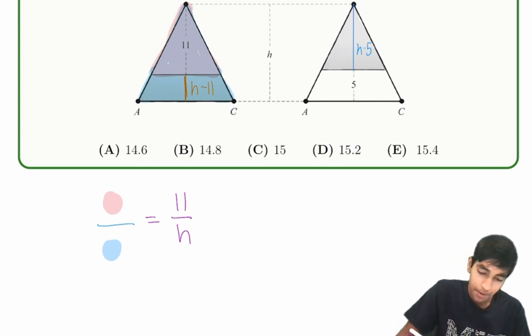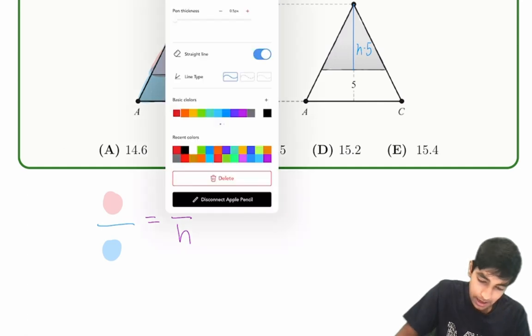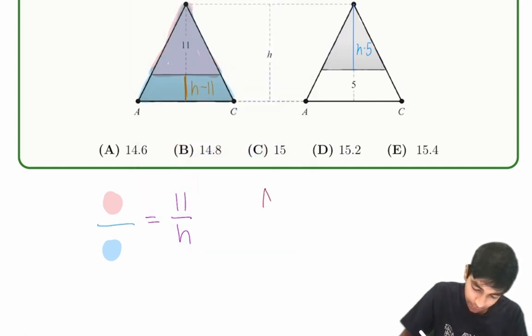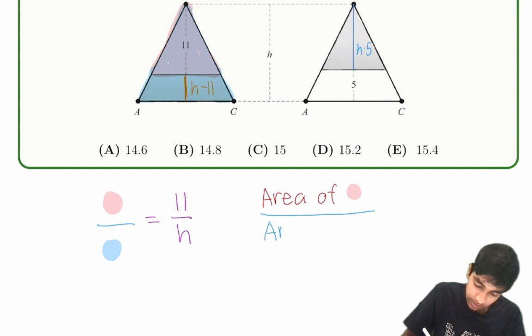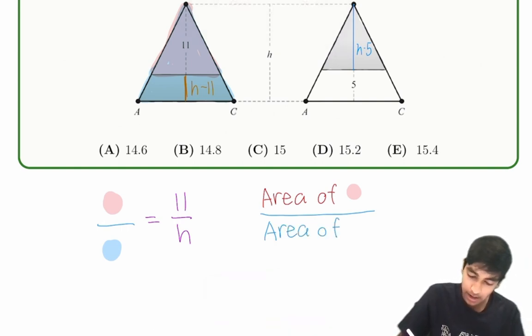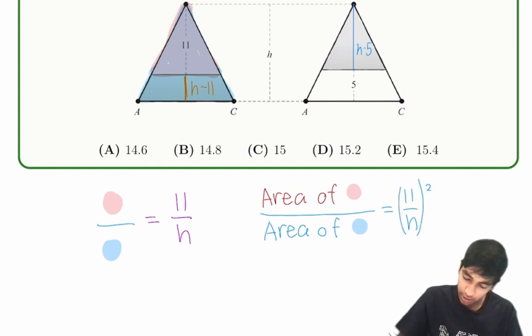So that therefore, the ratio of the area of the red region to the area of the blue triangle, as I drew there, is just the square of the ratio of the side length. So 11 over H squared, which is 121 over H squared.